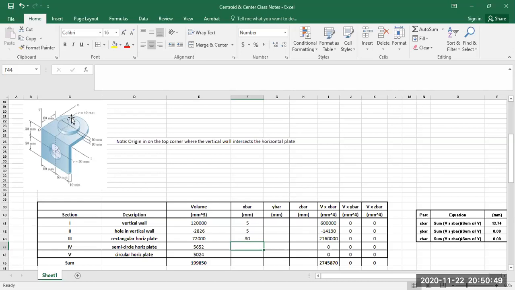For section 5, it's going to be 60. I'm going to put 60 in here. Okay, and then for the semicircle, now we have to look it up. We know it's going to be 60 plus something, whatever the centroid happens to be. And maybe I should pull that up, so just hang on a second.